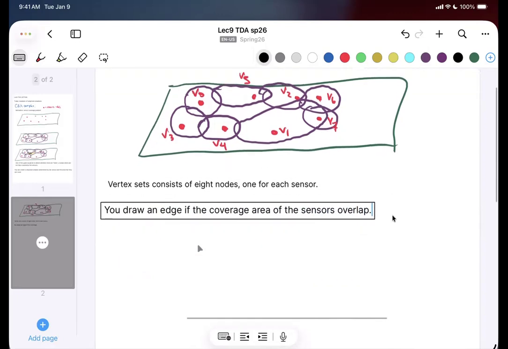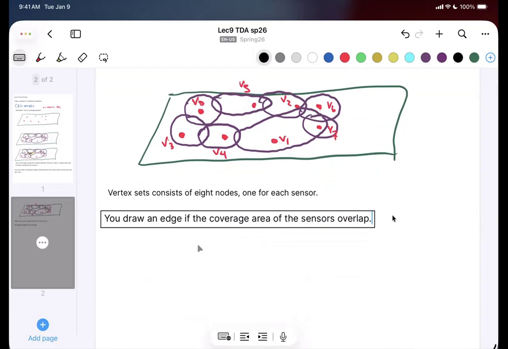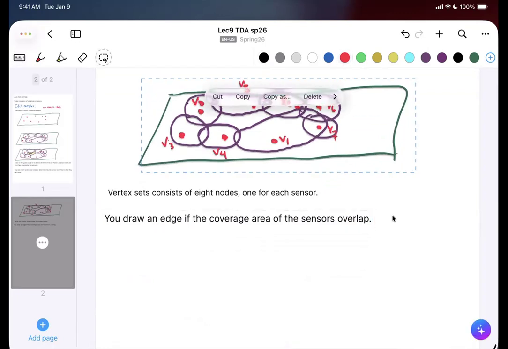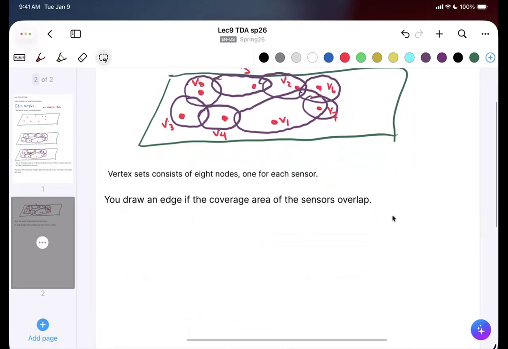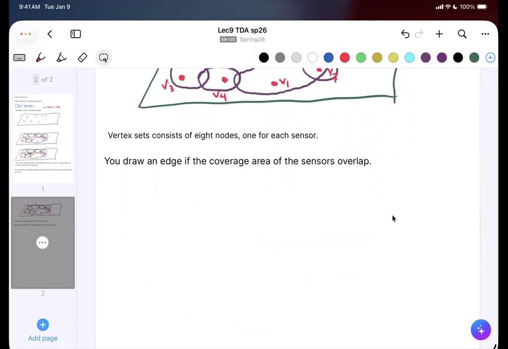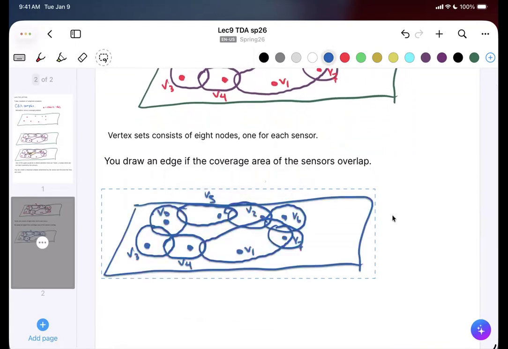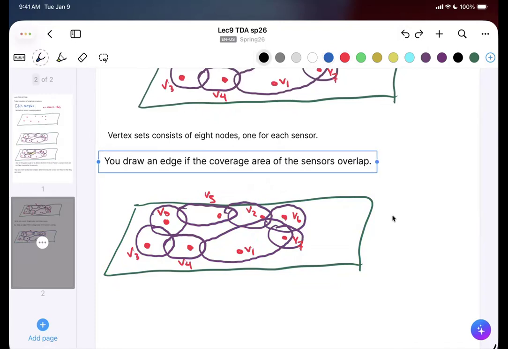So for example, here, what do we see? Like for example, V0 and V3. They do share some overlap region, so there's an edge between them. Same goes from V0 to V5.